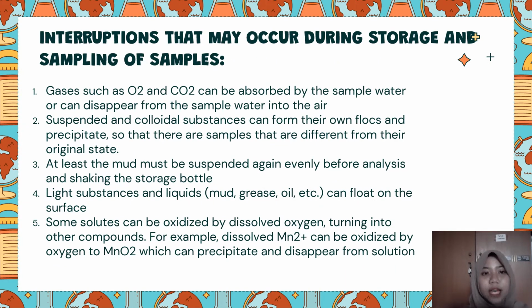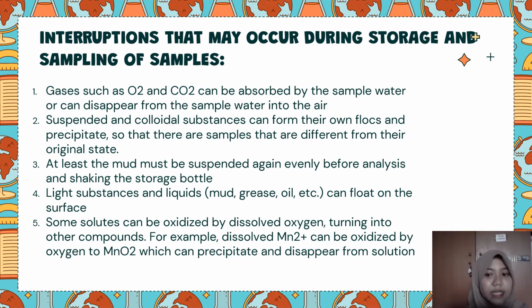And then interruptions that may occur during storage and sampling of samples. The first, gases such as oxygen and carbon dioxide can be absorbed by the sample water or can disappear from the sample water into the air.